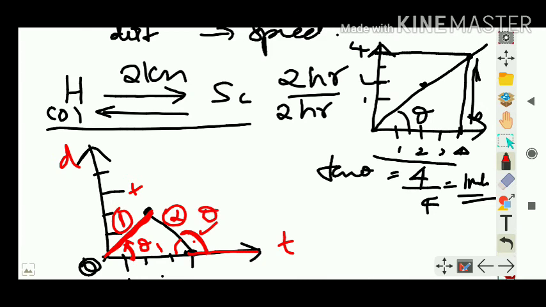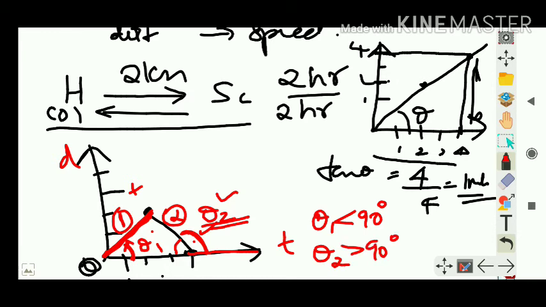This is theta 2, so the angle of this one is theta 2, and the slope of this one is theta 1. You can see theta 1 is less than 90 degrees and theta 2 is greater than 90 degrees. Simple. So I will give you a short trick.